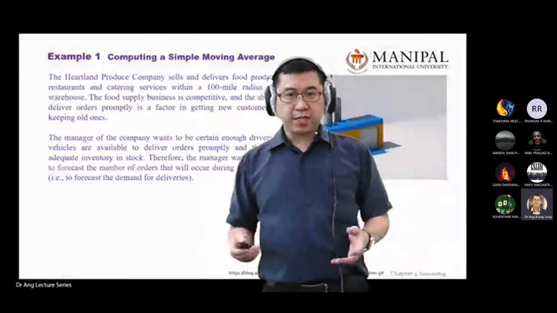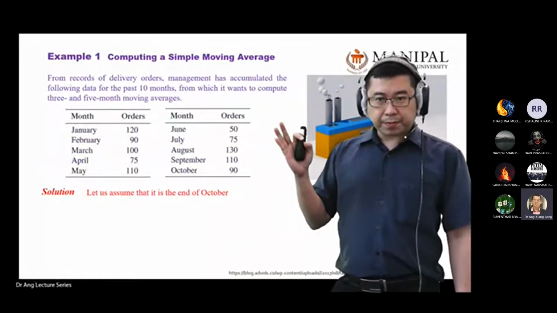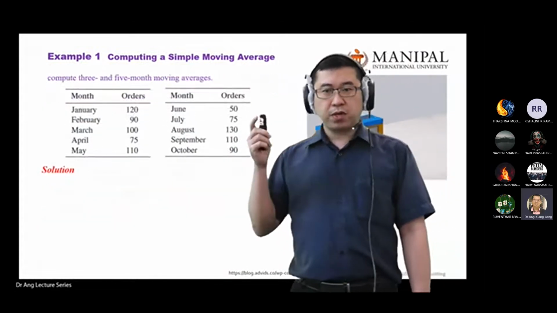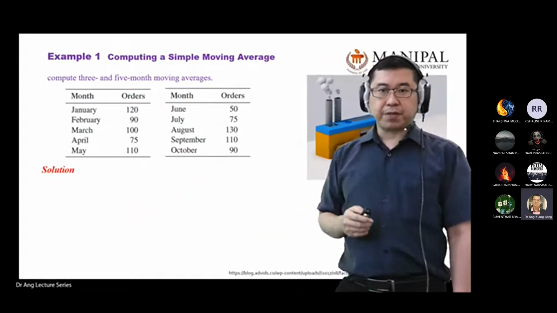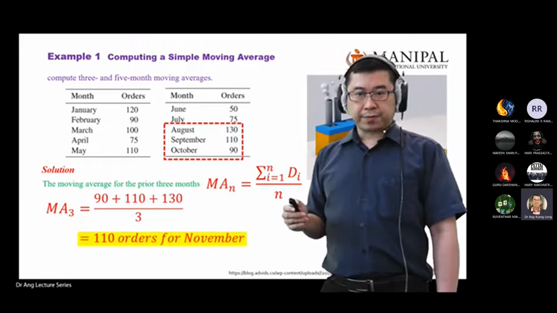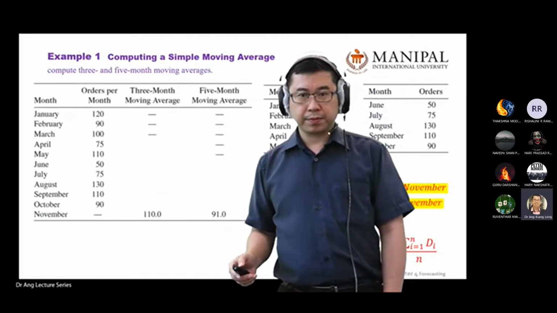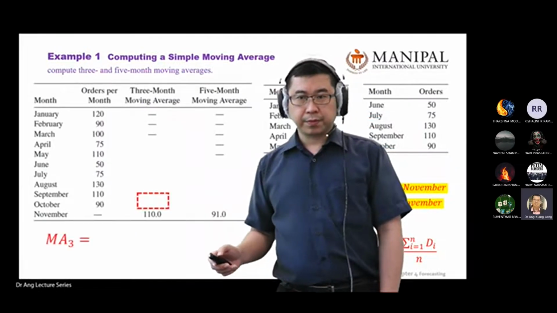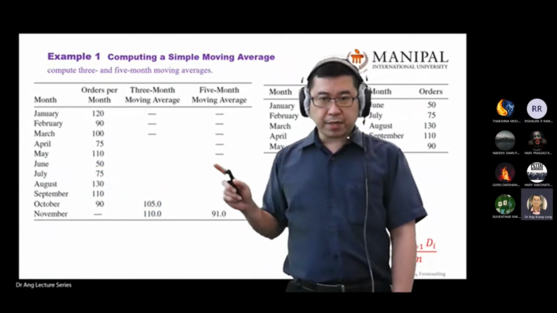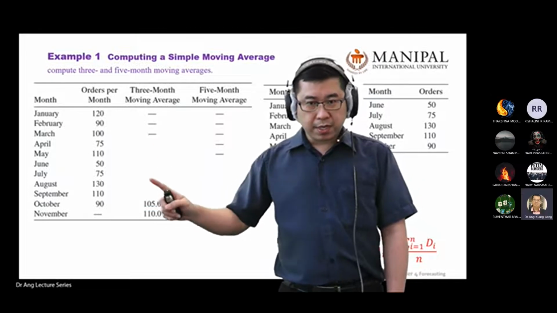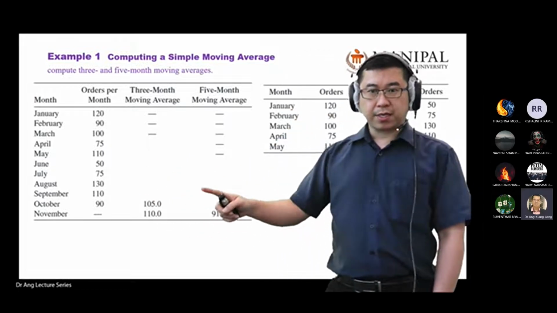So we have seen example 1 using this simple data, and we have shown you how to do moving average for 3 months and 5 months. We did all this exercise in a previous lecture. I ask you to go home and revise the numbers in the blanks here.